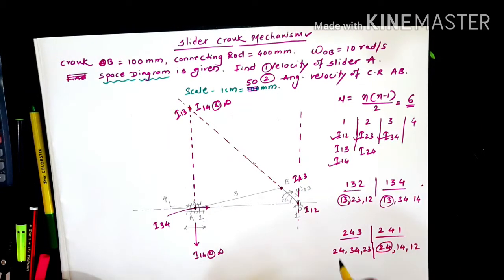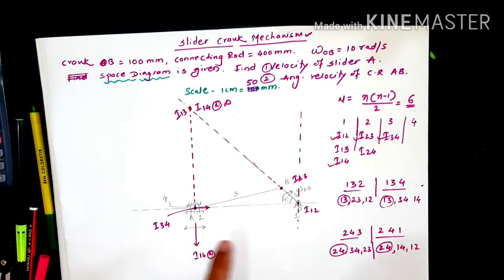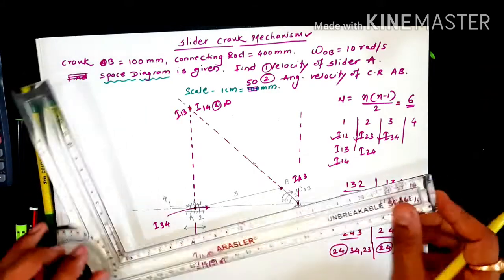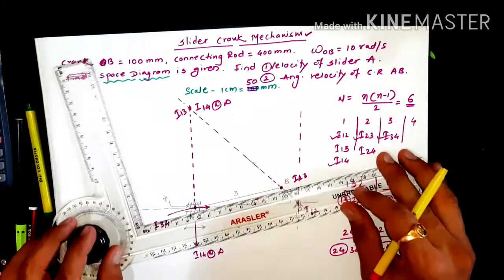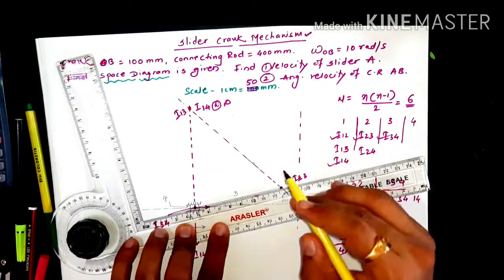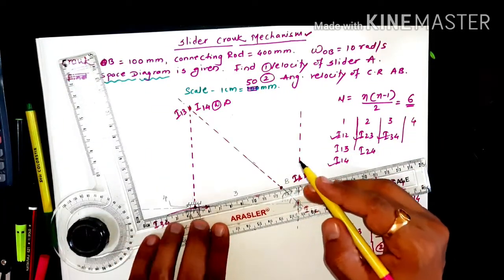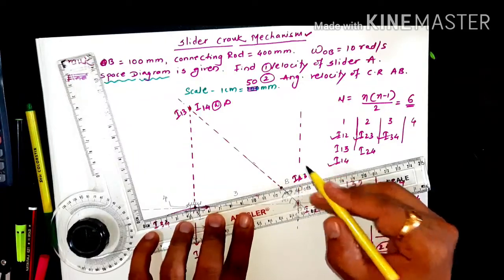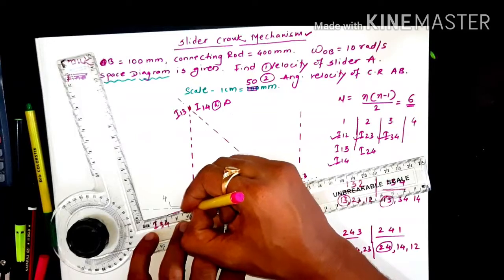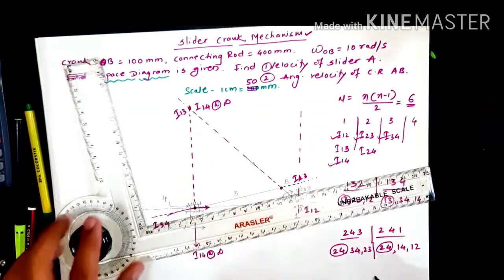So 2 4 is common here. Now you can see 3 4 and 2 3. The I center 2 4 will lie on this straight line somewhere here, so let me extend that line from this point, either on this side or on another side.